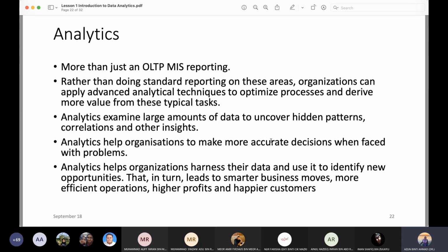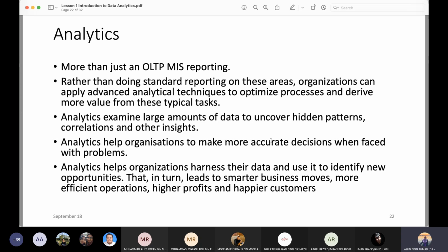If you see a bar chart, you can click on the bar and get other information about it. So analytics examines large amounts of data to uncover hidden patterns, correlations, and other insights.